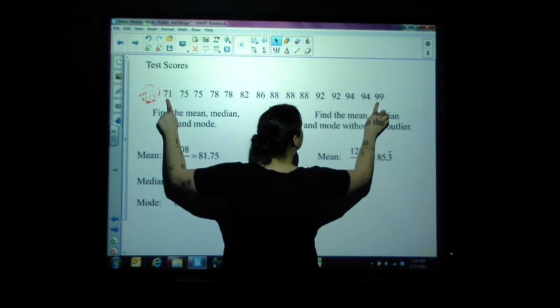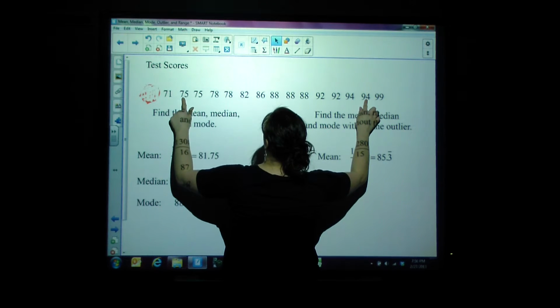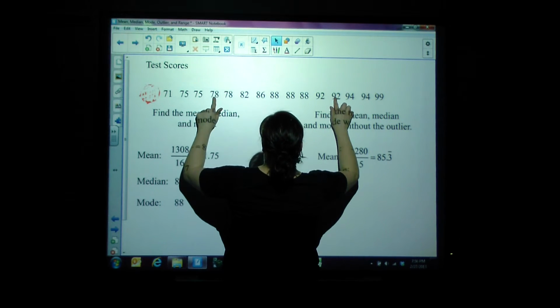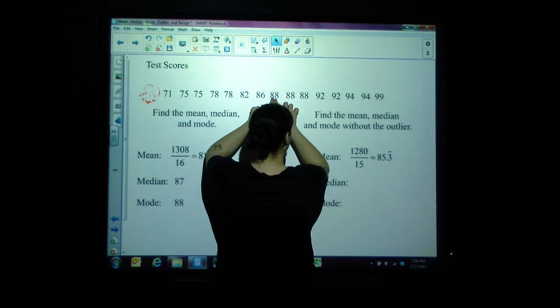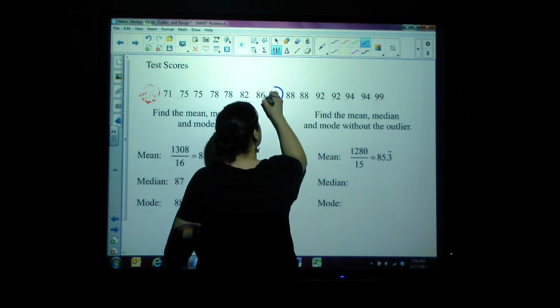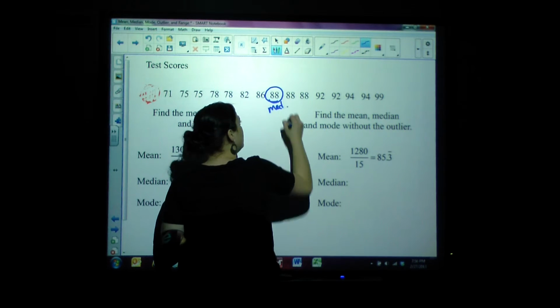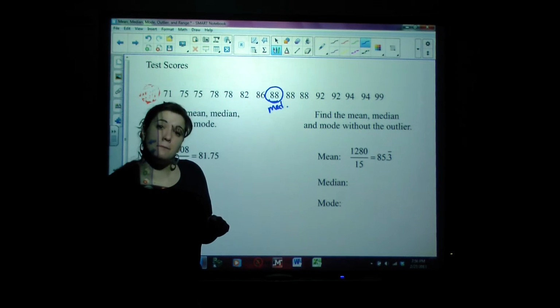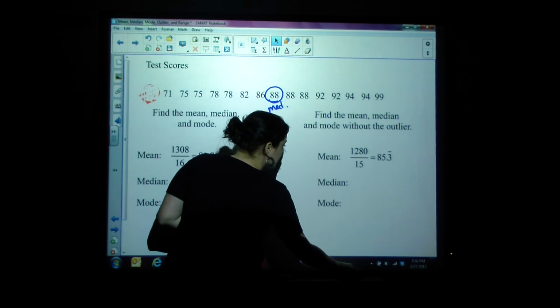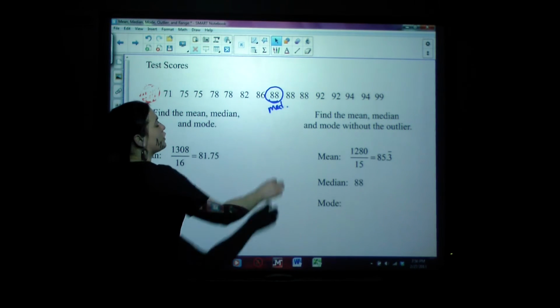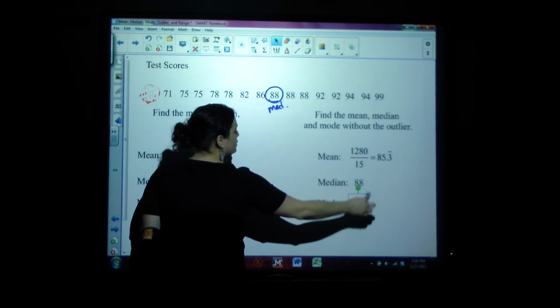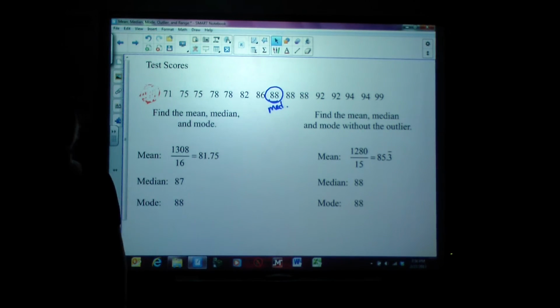So we're going to start here on 71 and 99 and count our way in. Notice I land on 88 and 88 alone. No middle one this time. This is the median. That is the middle. So this time our median is 88. And if you look at mode, the most frequently occurring didn't change. 88 still occurs 3 times, which means the mode is still 88.